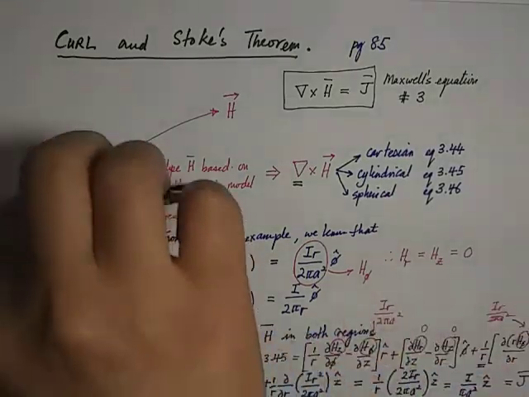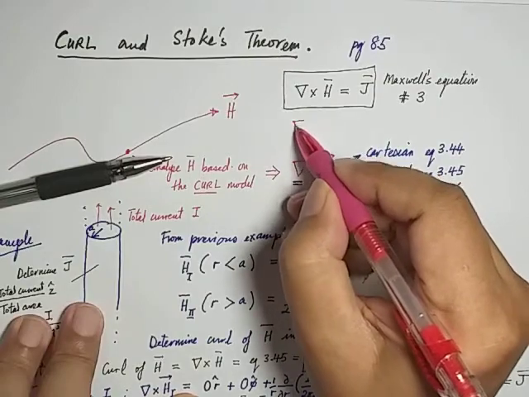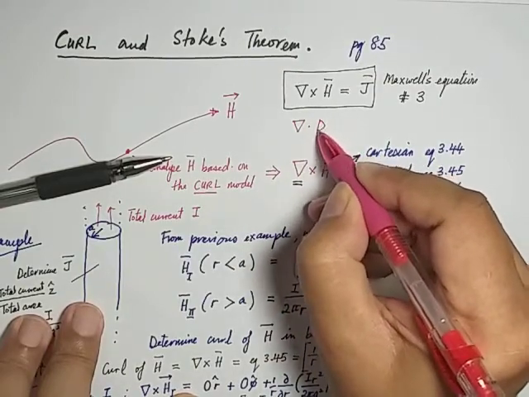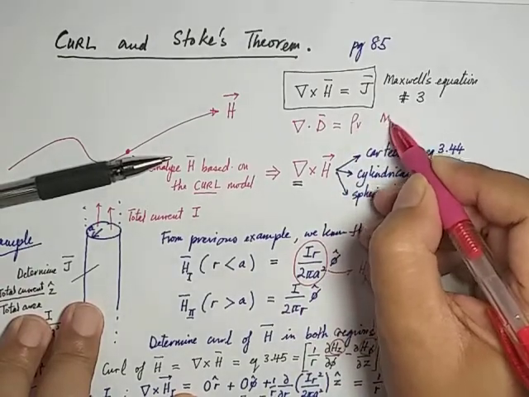Then if you compare to what we have seen before, divergence of D equal to rho V. This is known as Maxwell equation number 1.